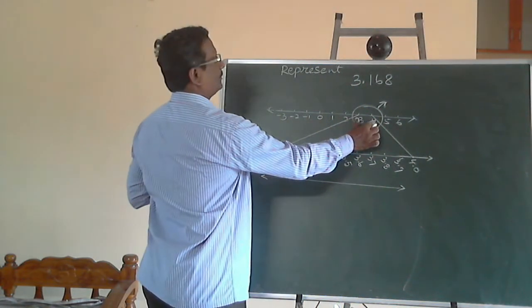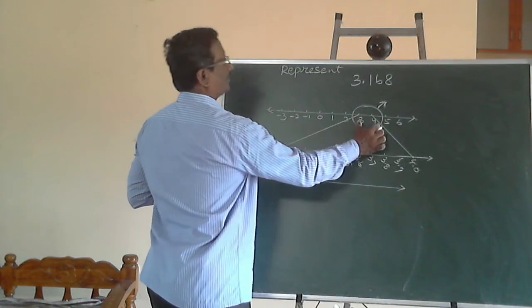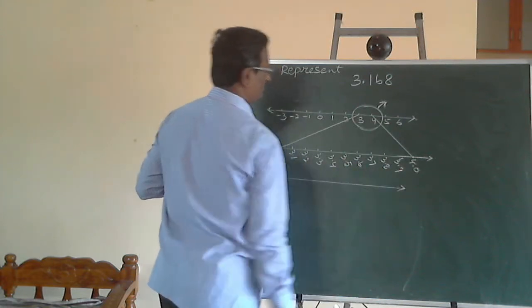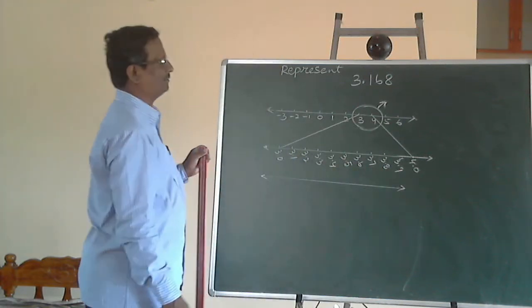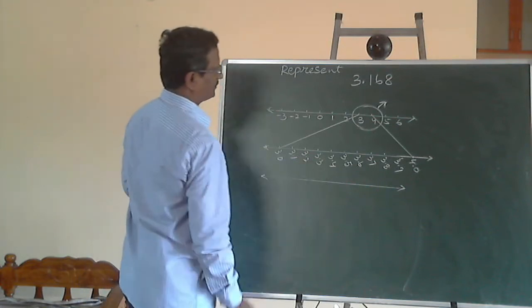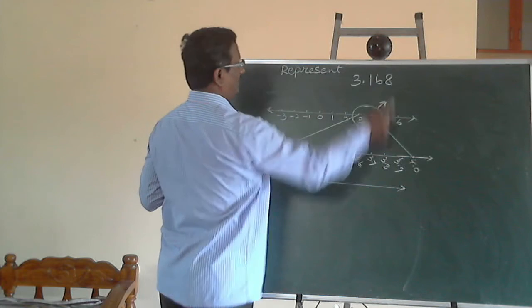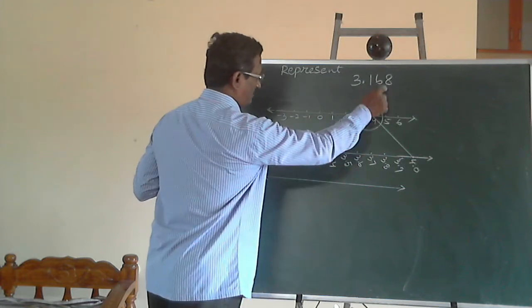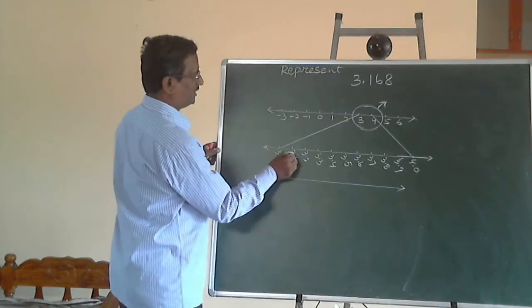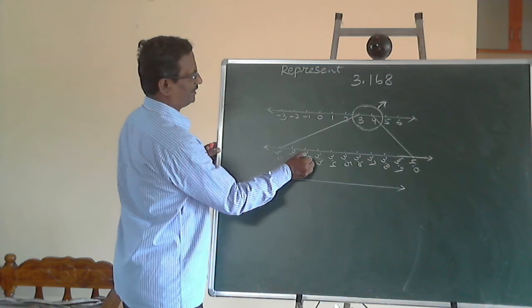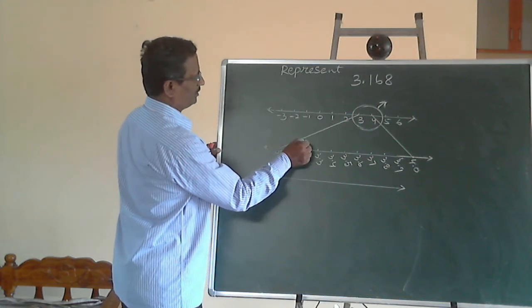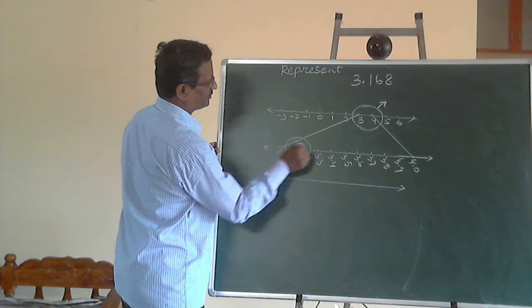This part of the number line is magnified and 1 unit is seen in the magnified part, like this it comes. Next, 3.168. This 3.168 is more than 3.1 and less than 3.2. Therefore, this part of the number line is to be magnified.